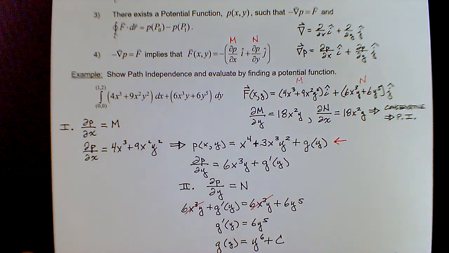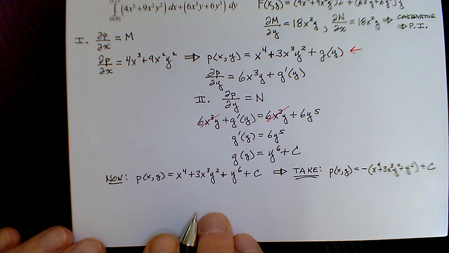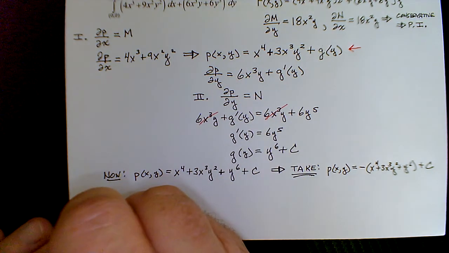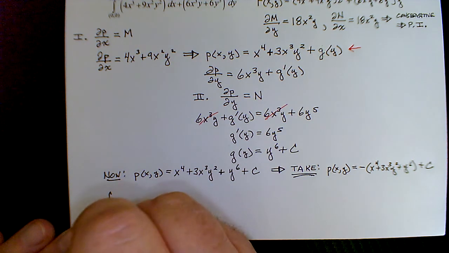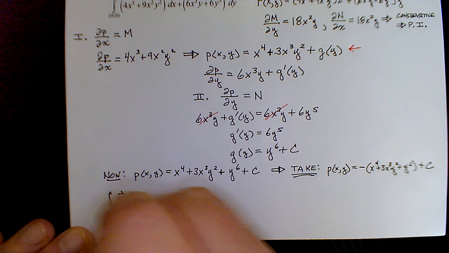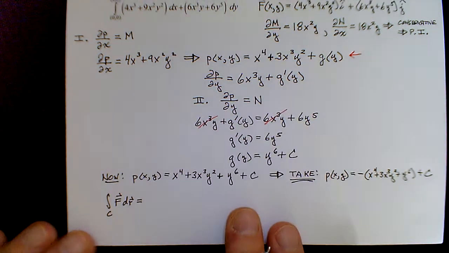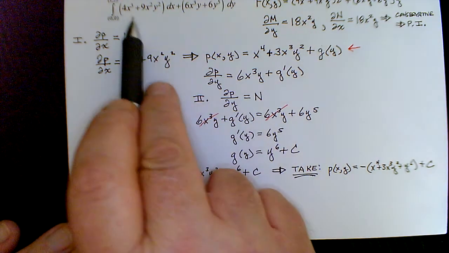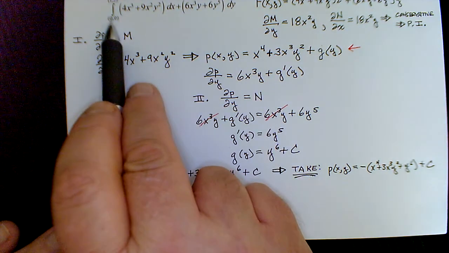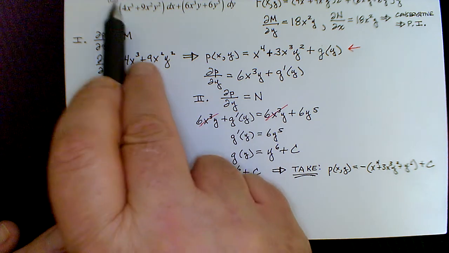So now what we could do is evaluate the integral without having to do it formally through integrations, because we could actually, from 0, 0 to 1, 2, determine if y is a function of x here.